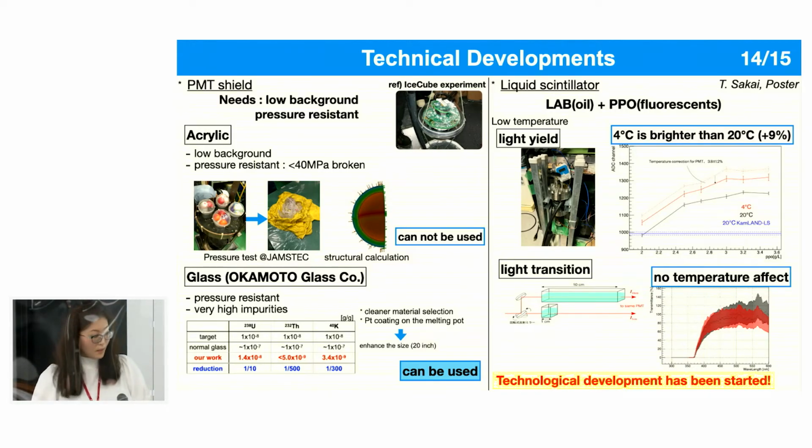And the insulator is also very different. At 4 degrees C, actually we can get brighter light than at 20 degrees C, plus 9%, and transparency doesn't change. So the technological development has started like that.